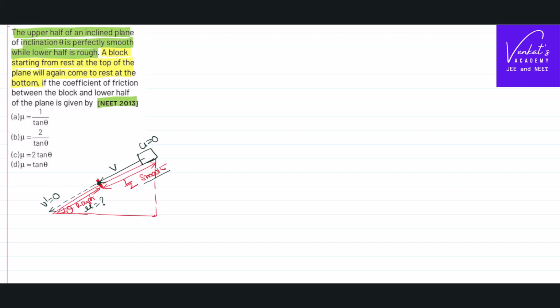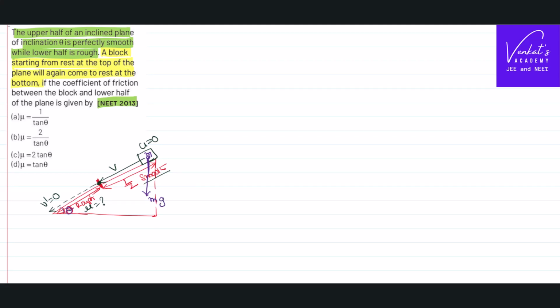The first thing I need to explain is what the forces acting on the block at any instant are. So when the block is on the upper part, assuming its mass is m, its weight always acts in the downward direction.